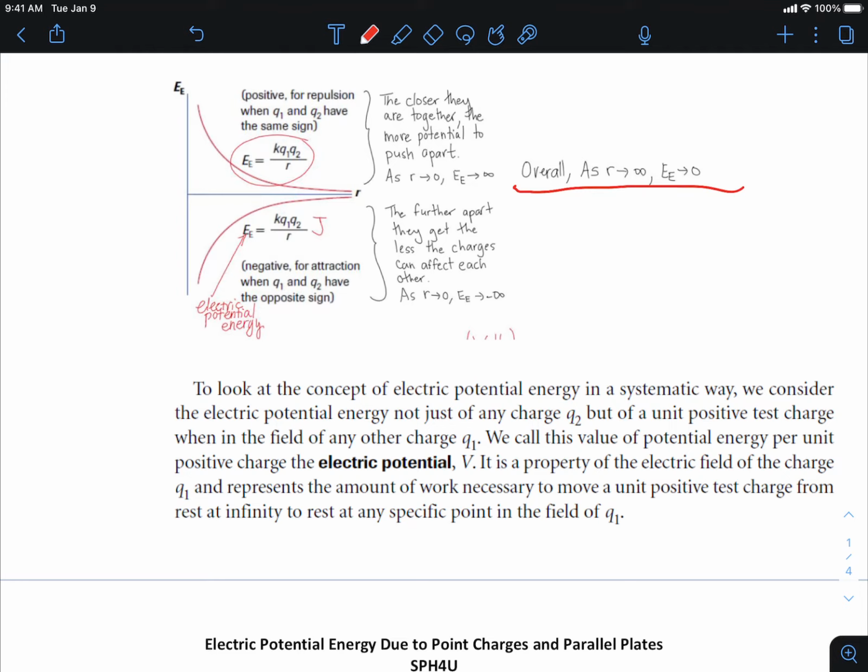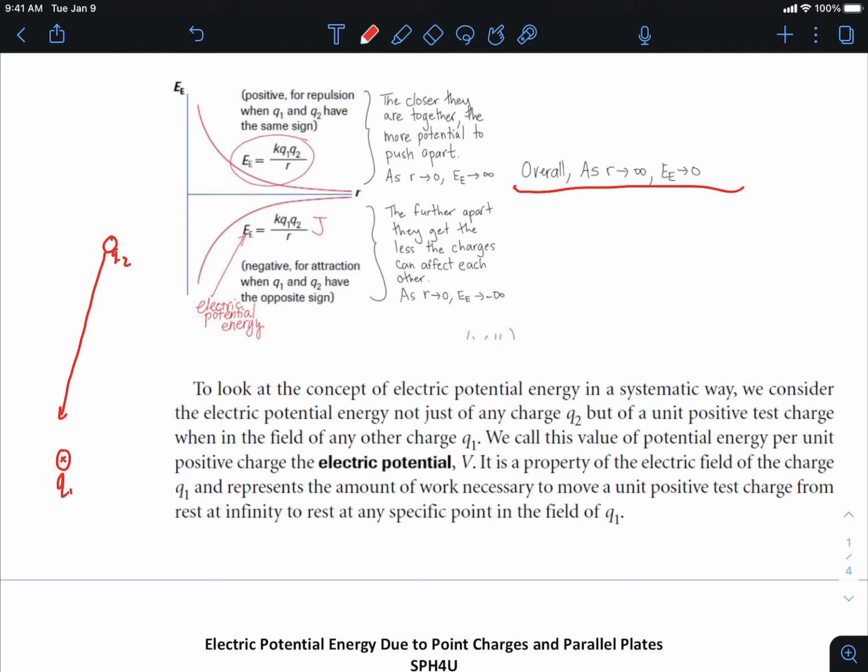That just means we're going to place a charge Q1 somewhere in space, and it's fixed in one location. And the electric potential is how much work you would have to do to bring a second point charge, Q2, into proximity of Q1.